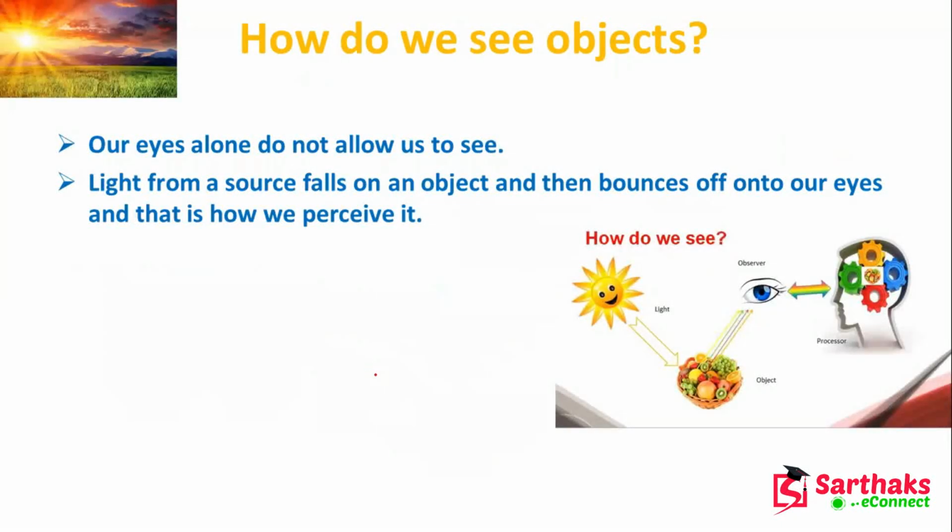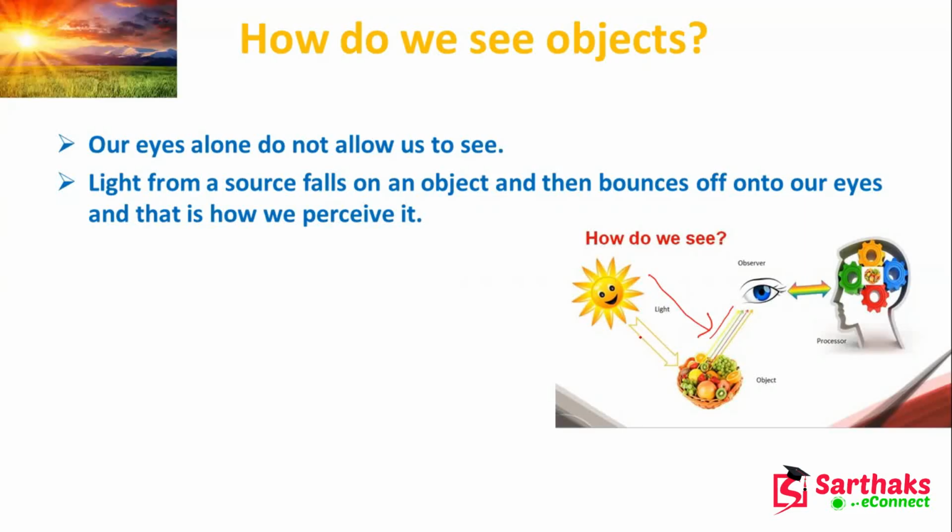Our eyes alone do not allow us to see. First, the light falls on the object and bounces off onto our eyes. That is how we perceive it. So this is the very simplest thing.